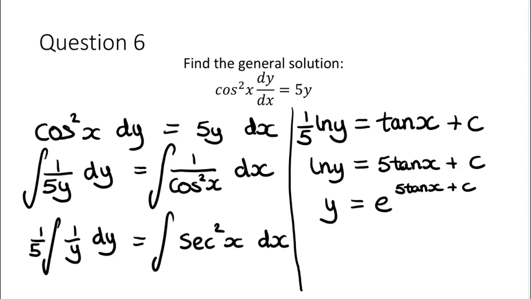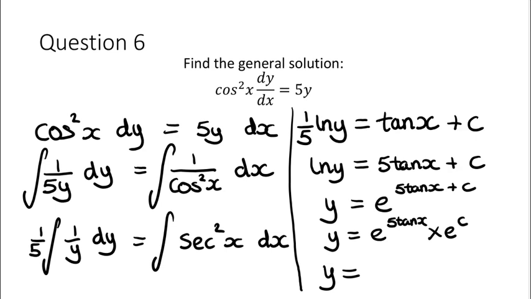But I can go even better than that because using my laws of indices, I can rewrite e to the power of 5 tan x plus c as e to the power of 5 tan x multiplied by e to the power of c. And e to the power of c is just a constant. Okay, you're doing e to the power of some number.